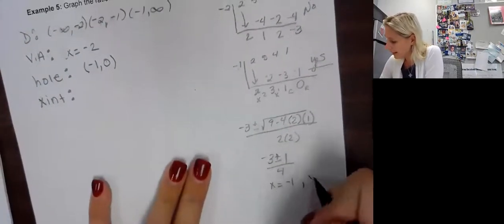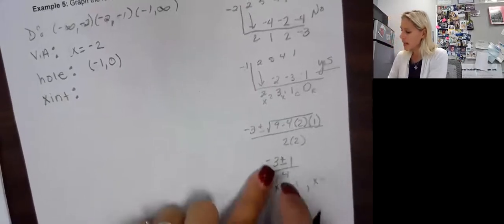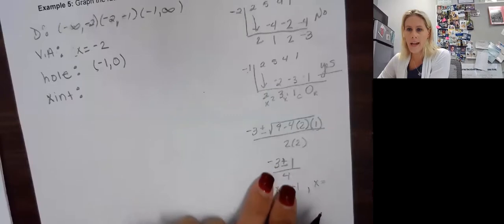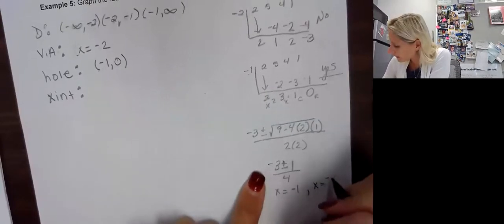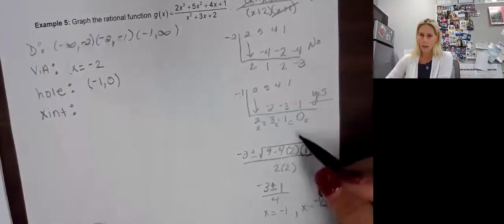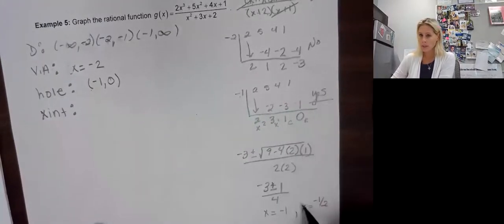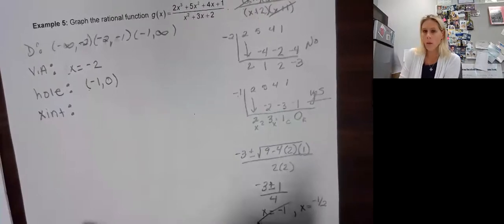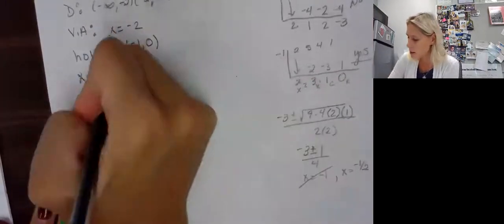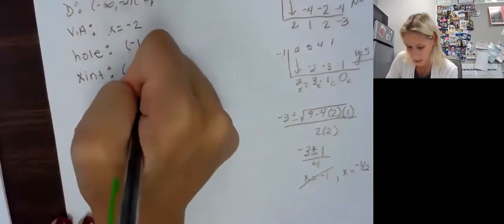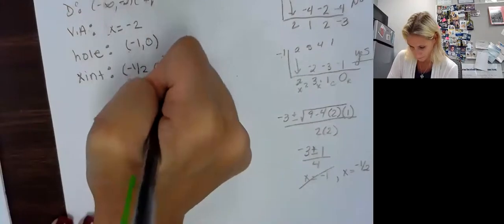And we get x equals -3 plus 1 is -2, -2 over 4 is -1/2. So again, I used my quadratic formula to find my x-intercepts. Now this one's already a hole, so I can cross it out. So we have an x-intercept at -1/2, 0.